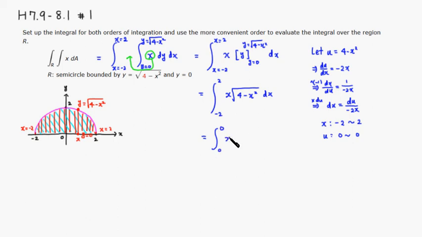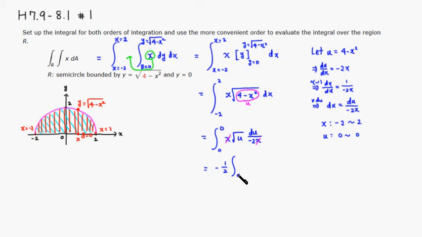Then we have x, and the expression inside the square root is u, so we have the square root of u. dx we found to be du over negative 2x, so we can cancel x and x, and you have a negative 2 on the bottom. If you want, we can put negative 1/2 outside.